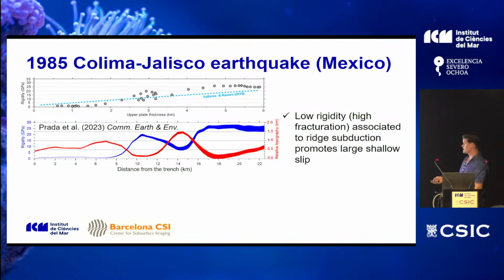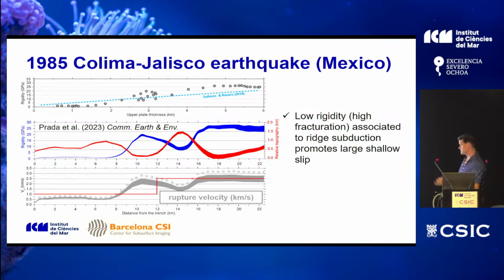Now, the last aspect that is still there is the rupture velocity. So we know that the rupture velocity varies between 70 and 90% of the shear wave speed, which is what I'm plotting over here. This is Vs, with the circles, and in gray I'm showing the rupture velocity.